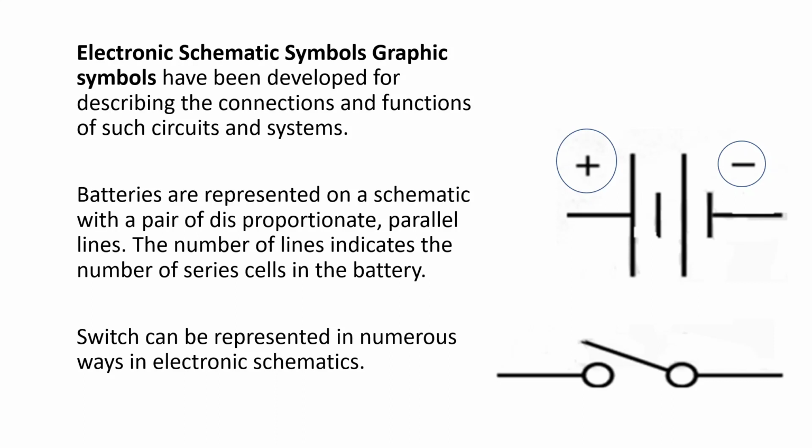This number of lines indicates the number of series cells in the battery. Always remember that the battery has positive and negative. These are the symbols that we are going to use to describe a circuit or a system. So when you see the positive and negative symbol, that represents a battery.